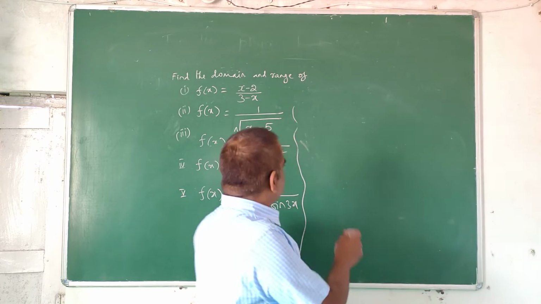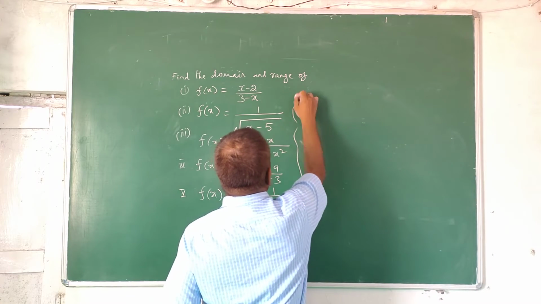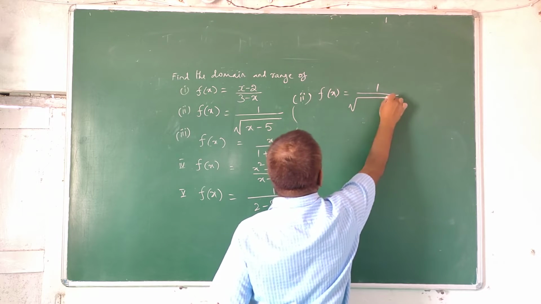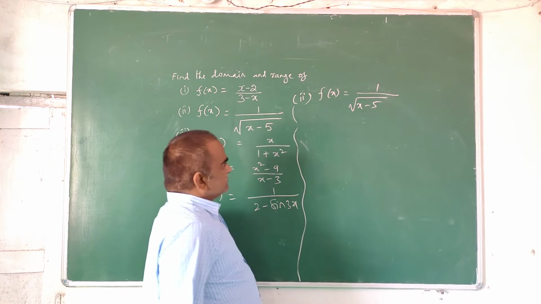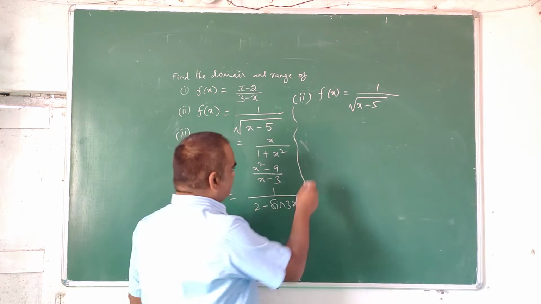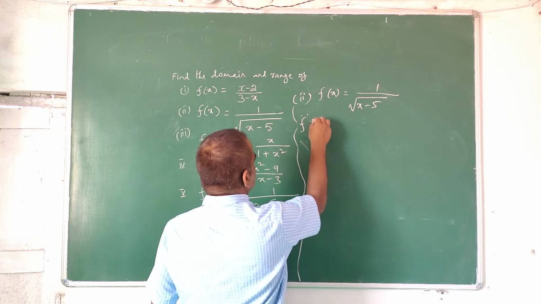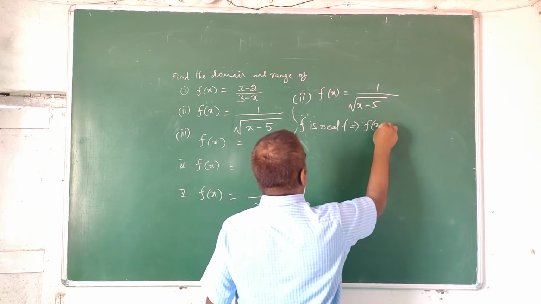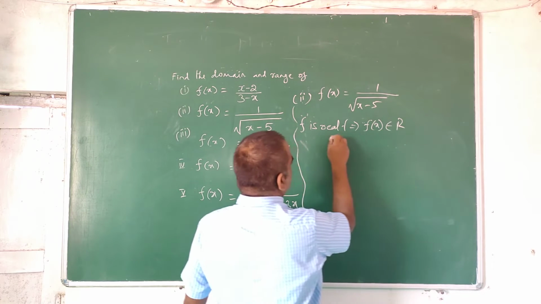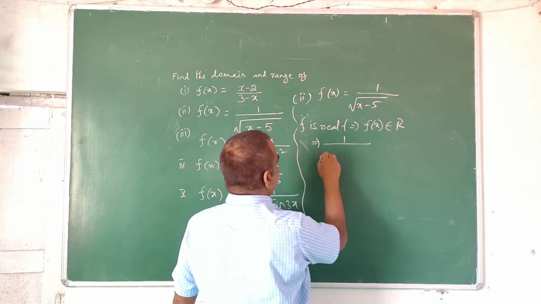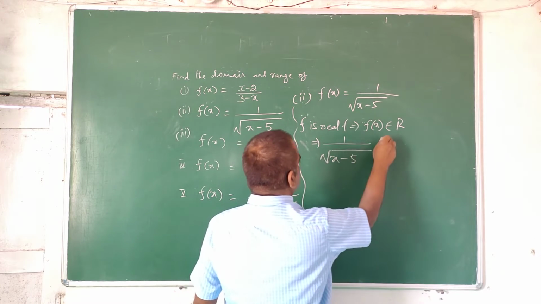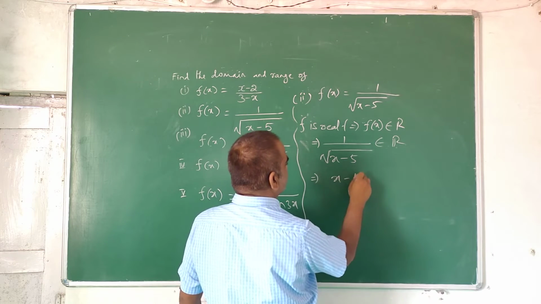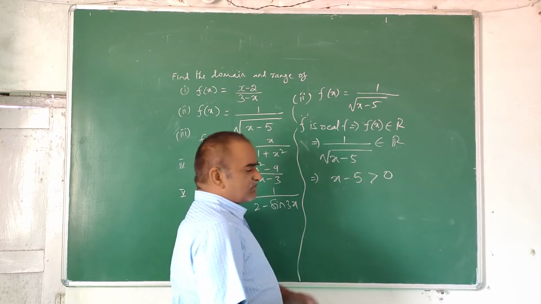So, coming to the second question. F of x is equal to 1 by root over x minus 5. So f is a real function, which implies f of x belongs to R, which implies 1 by root x minus 5 belongs to R, which implies x minus 5 should be strictly greater than 0.